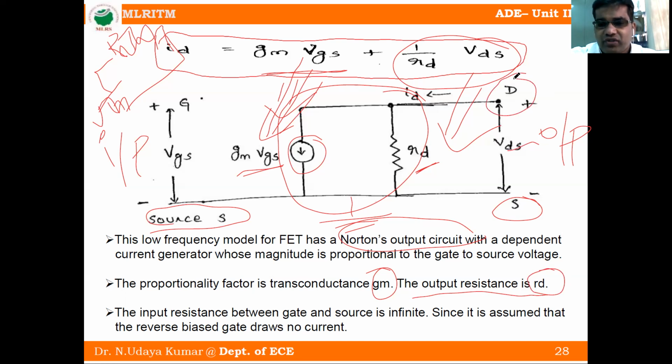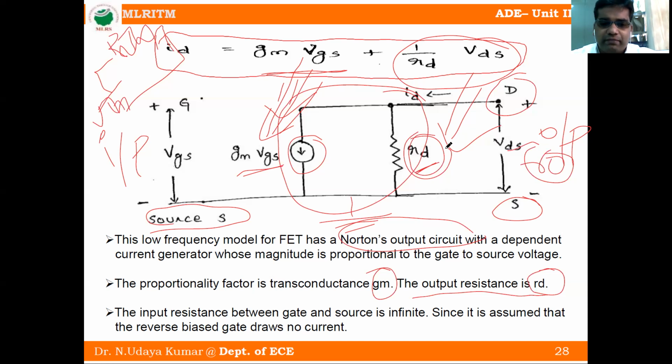The output side resistance we call drain resistance RD, or also R0. R0 and RD are the same, because the output resistance in common source is the drain resistance, denoted by RD, and we can also write it as R0.